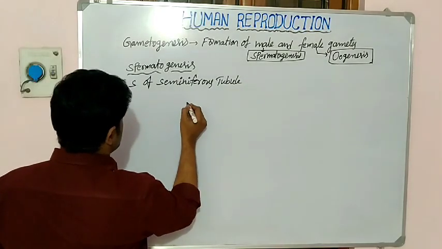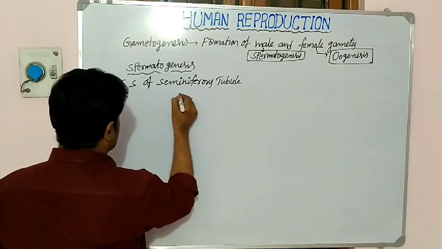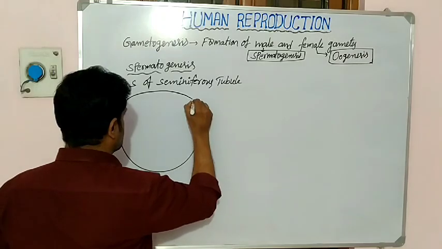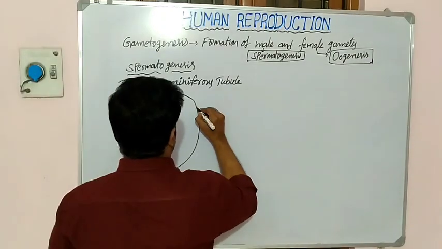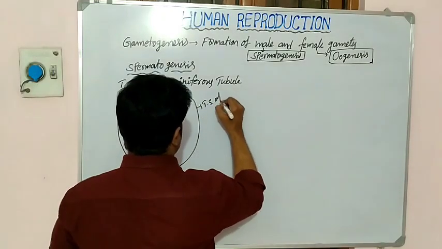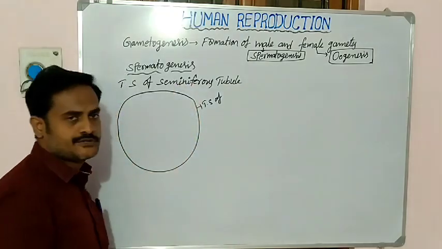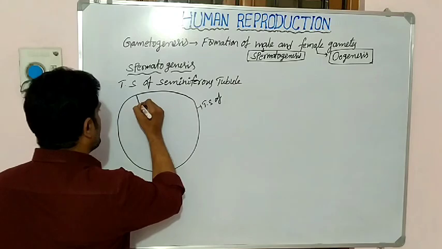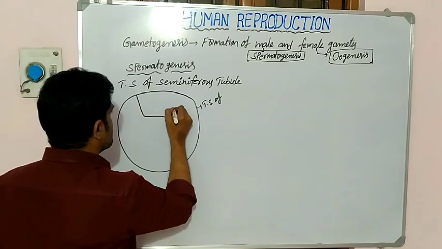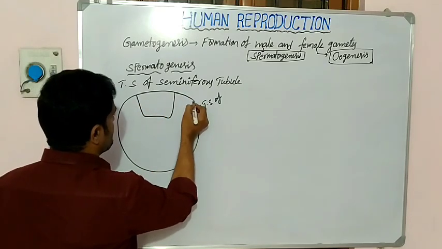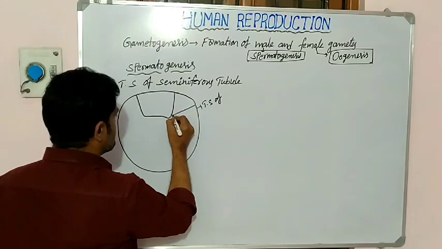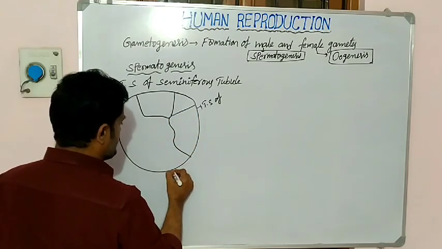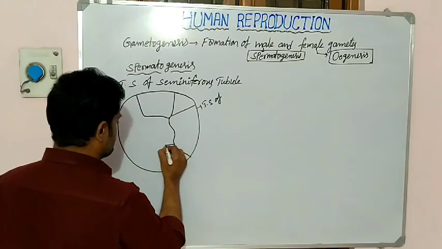See, this is the structure of the TS of seminiferous tubule. Inside the seminiferous tubule, huge cells are present here, like this.